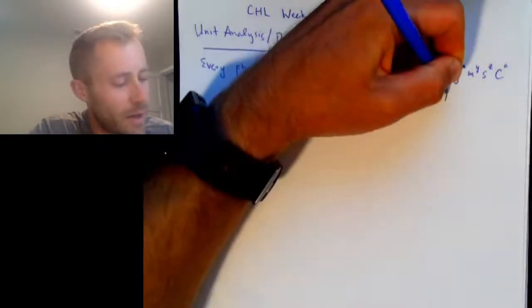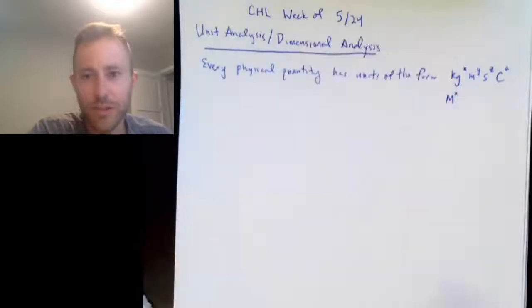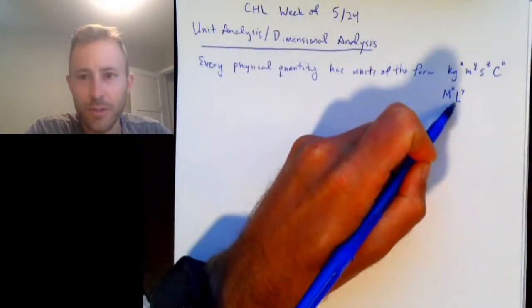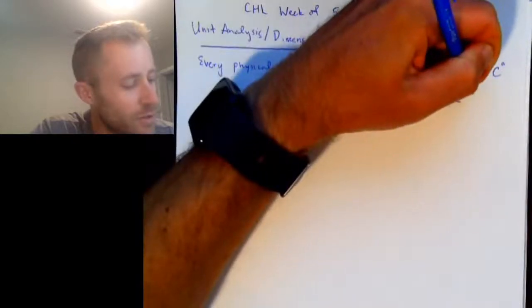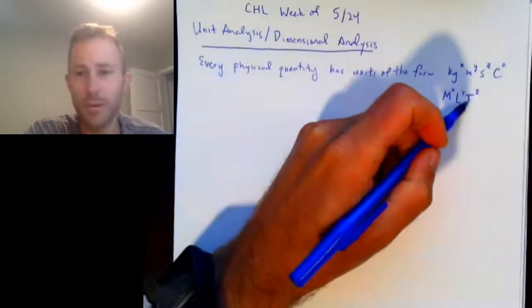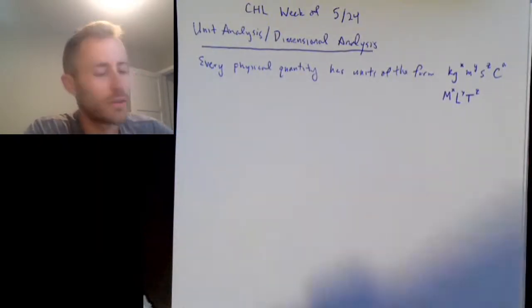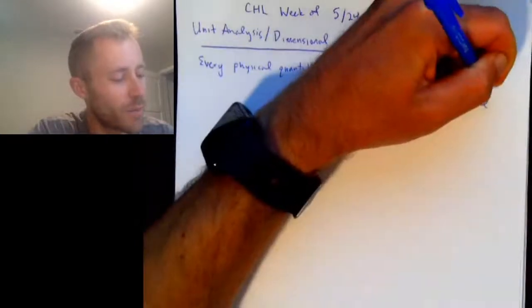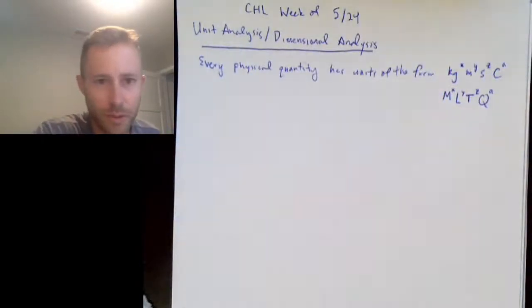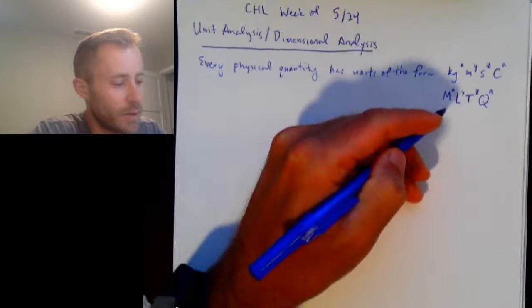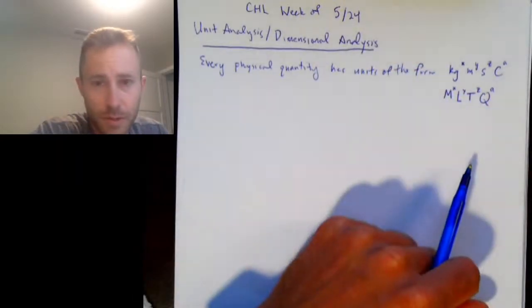I will write this as M to the x, where M represents any unit of mass, L to the y, where L represents any unit of distance, T to the z, where T represents any unit of time, and Q to the a, where Q represents any unit of electric charge. So the units of any quantity has to be of this form, all right?